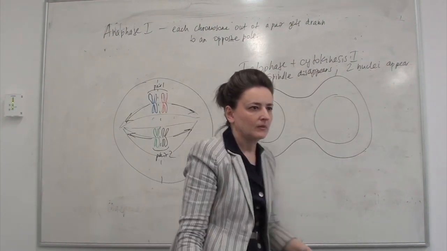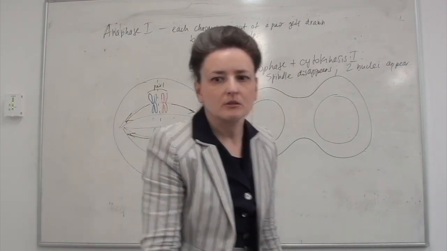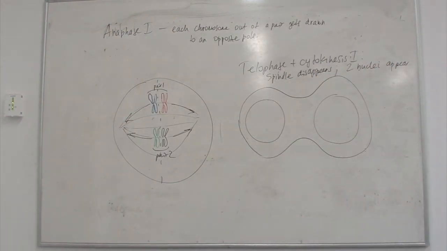Okay, so let me see how you get on. So good, yeah, okay, that looks right. Can you draw the resulting chromosomes inside? And I'm going to just have a look, see if you've got it right. Yeah, okay. Perfect.